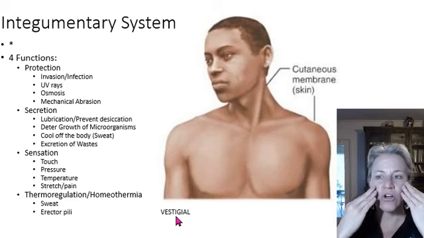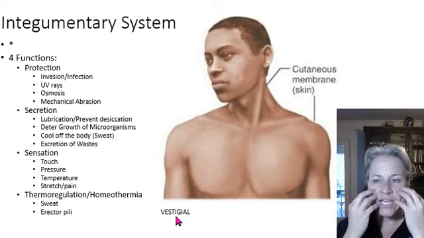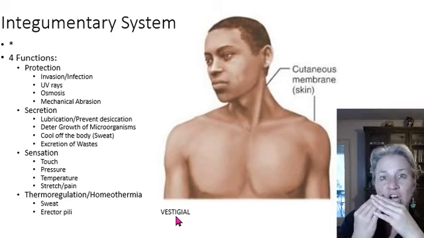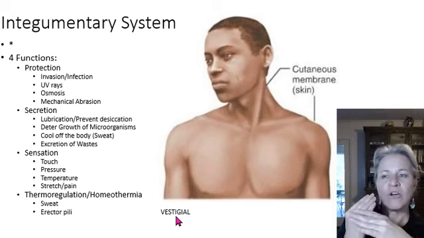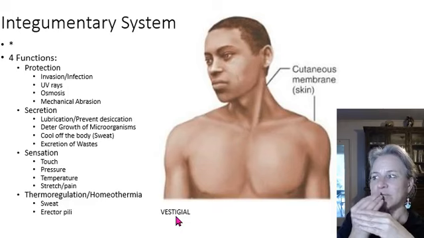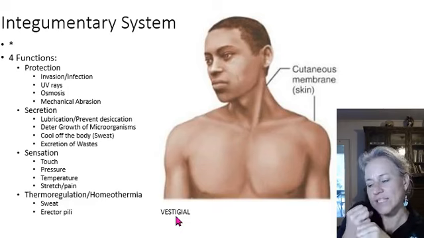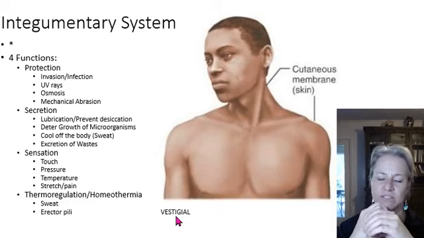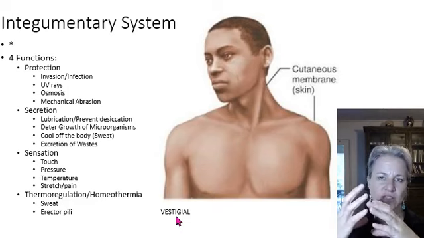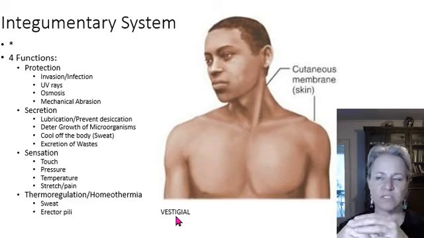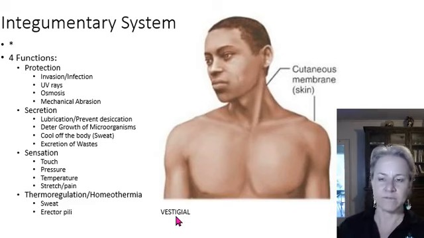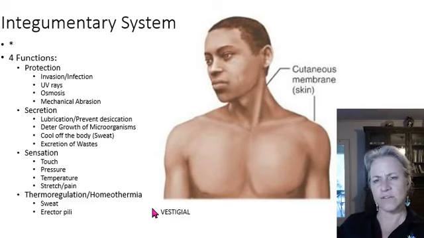So when you are cold, the blood vessels pull deeper into the dermis, so the skin color will become pale, maybe even like you'll have purple lips, because you're pulling that color away deep into the body. And when you're hot, it's just the opposite. The blood vessels vasodilate, and they get closer to the surface of the skin, and so it brings color to the skin. So instead of being pale, you become pink or red or flushed. And so these are the 4 functions of the integumentary system.